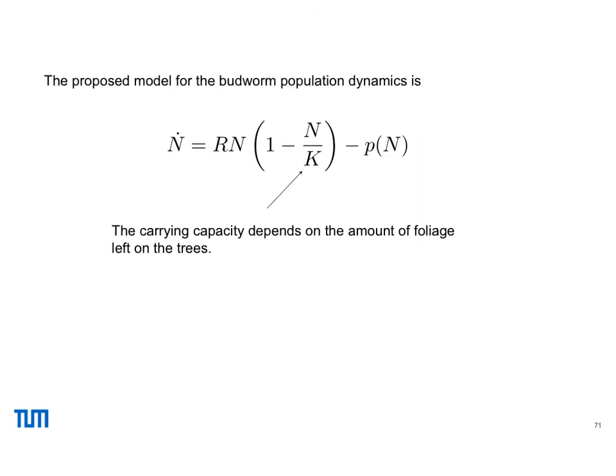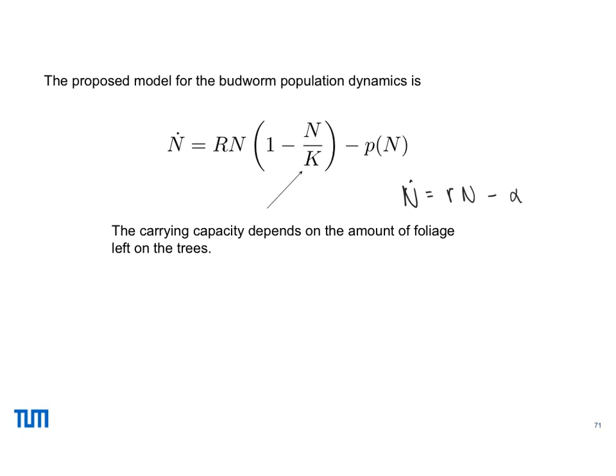So if you remember, this is something we already saw, where we have this logistic growth. Just to make things clear, it's easier to put it in this way again: we have n dot equal to a growth rate of n and maybe a loss.